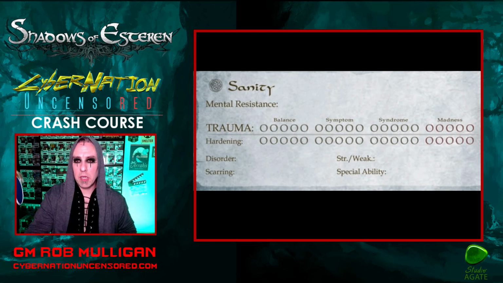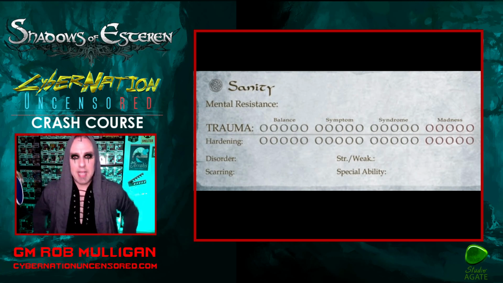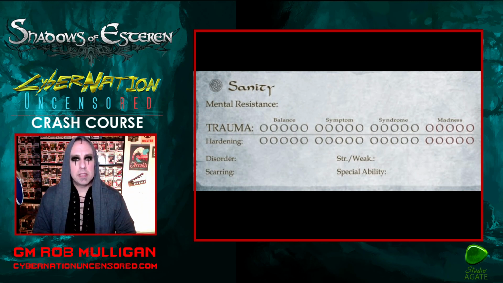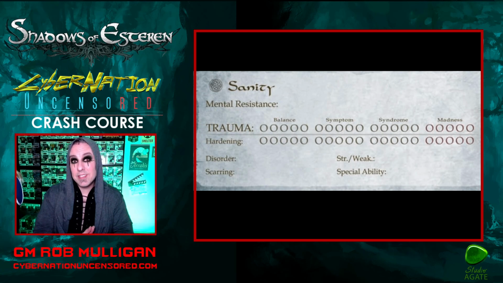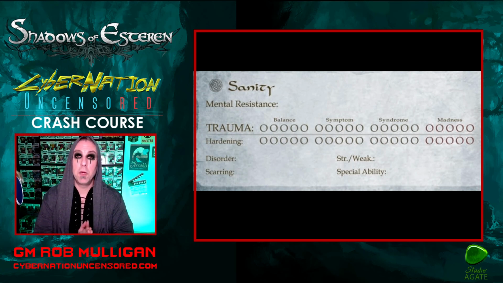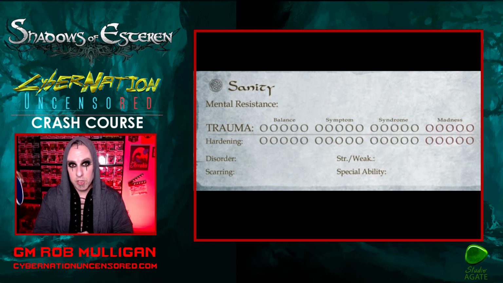Keep in mind too that a couple things happen once you get up to that level in syndrome and madness. The first time that you enter into that section, syndrome, and in madness it happens again, 2 things happen. Basically, the way that is associated with that disorder is going to go up by 1 point. So I guess that's kind of good when you have to do those checks.